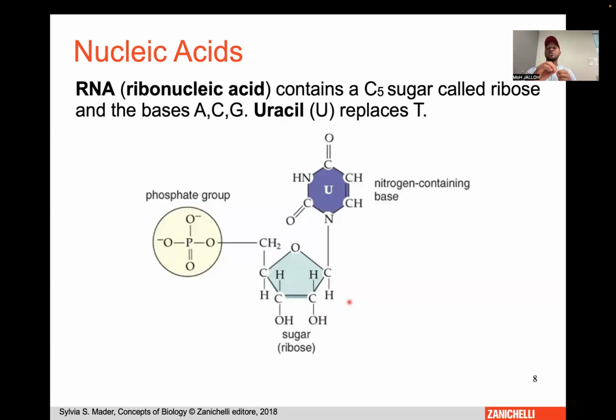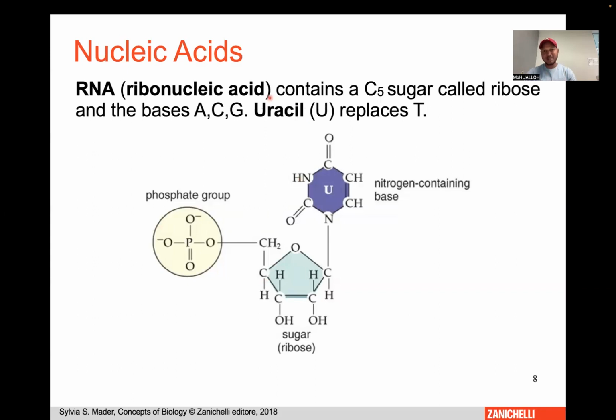That's why DNA is called deoxy. Deoxy means remove this oxygen, you only have hydrogen. But for RNA, we say ribonucleic, no deoxy, which means we are not removing any O from there, so it remains.